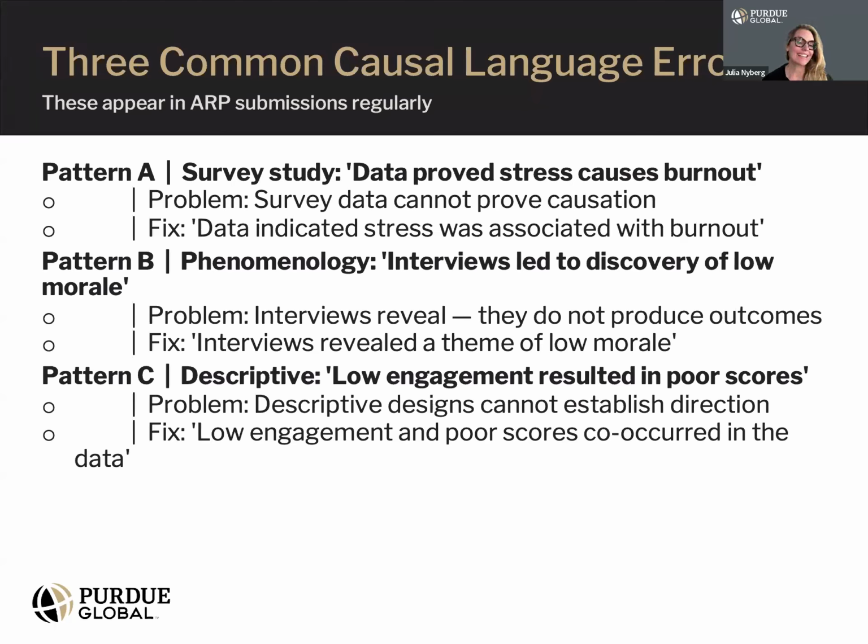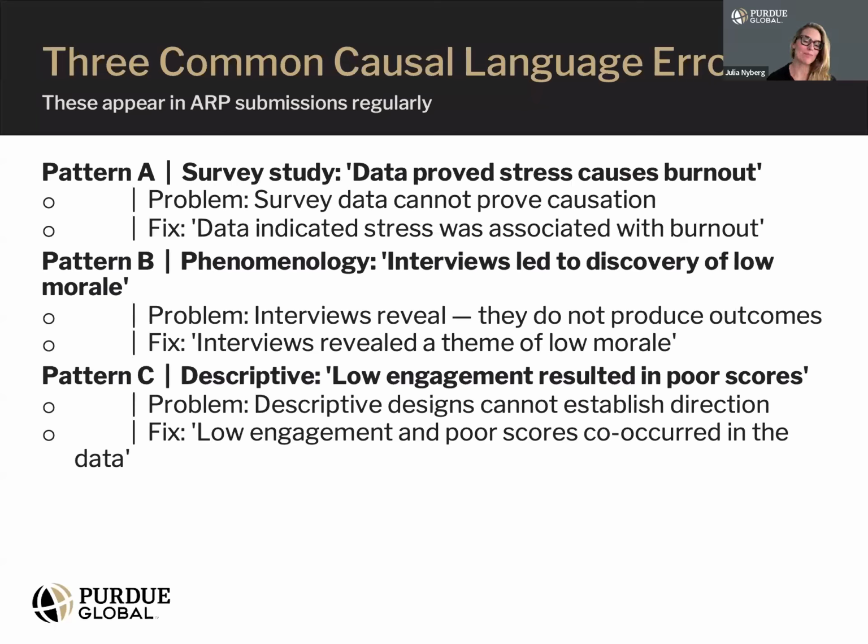Pattern A. The survey study that claims to prove cause. The original sentence, data proved stress causes burnout. That's two problems. First, surveys can't prove anything. Second, correlational data cannot establish causation.